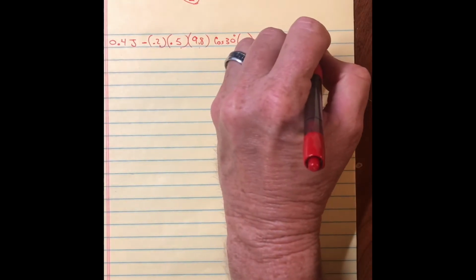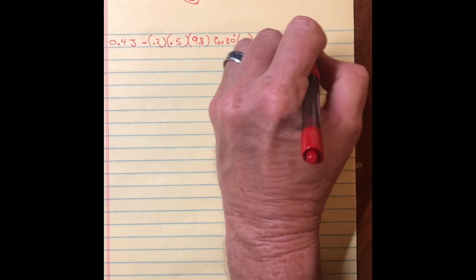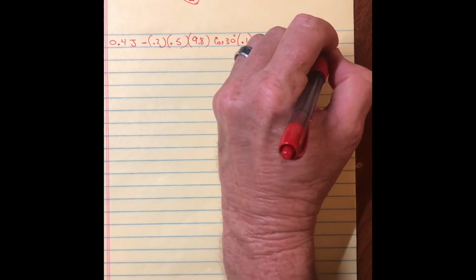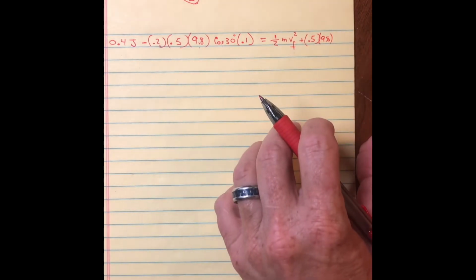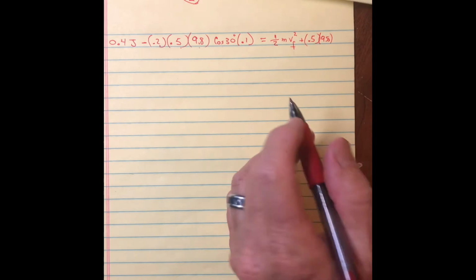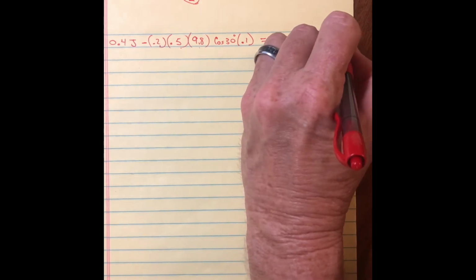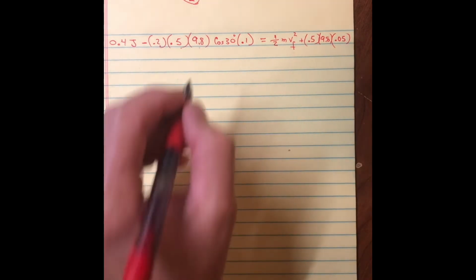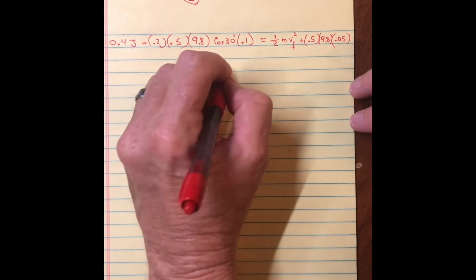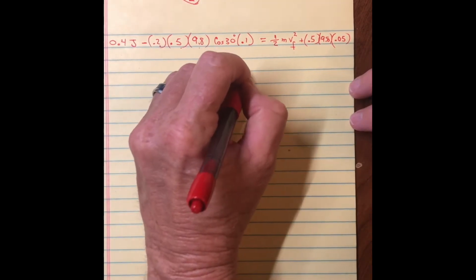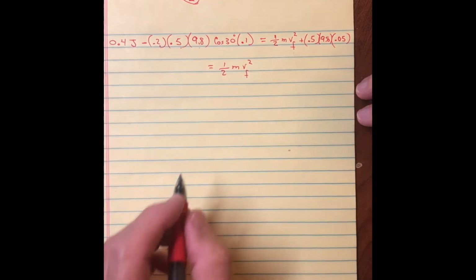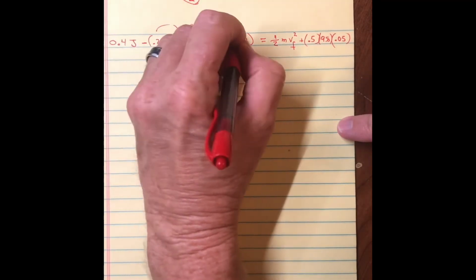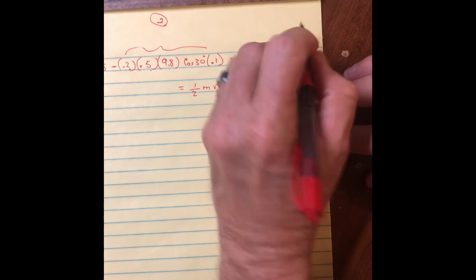So the m is the 0.5, the g is the 9.8, and the height traveled is the 0.05. Okay. And so now I can figure out these other two numbers.